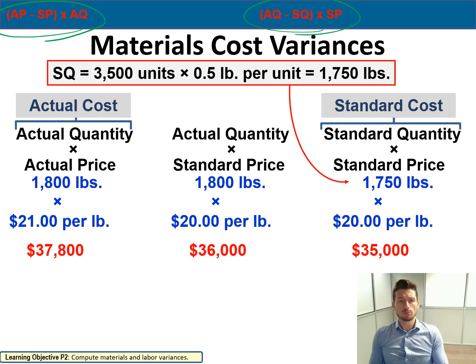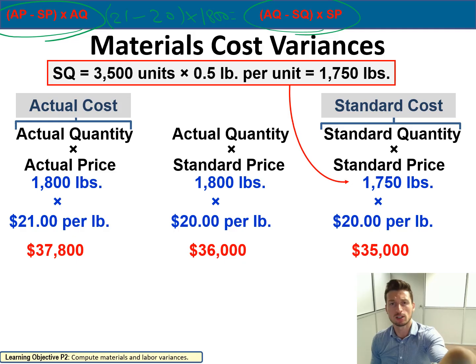So what was the actual price? The actual price given in the previous slide was 21. What was the standard price? It was given as 20. So 21 minus 20, times actual quantity. What was the actual quantity? 1,800 lbs.